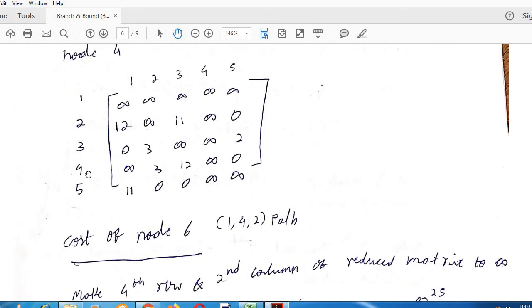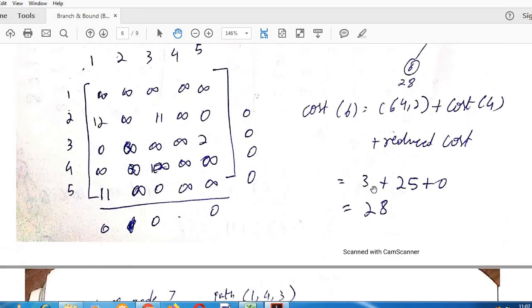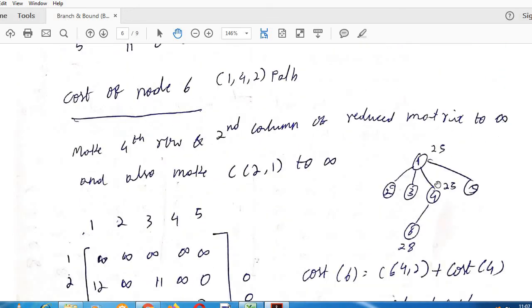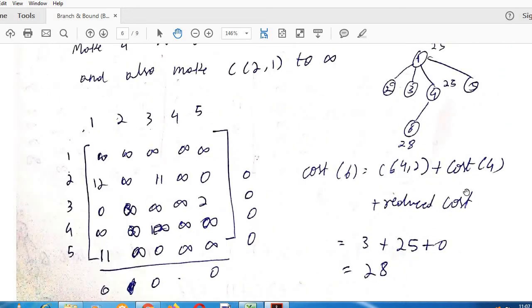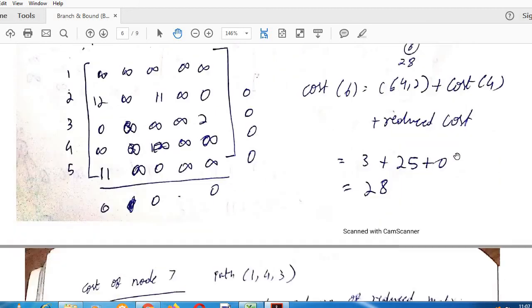The cost from node 4 to 2 in the previous reduced matrix is 3, so I will write that down. Then I have to add the cost of node 4, which is 25, and the reduced cost, as I said, is 0. So for node 6 I get a cost of 28. Then I have to find the cost for node 7 and node 8.